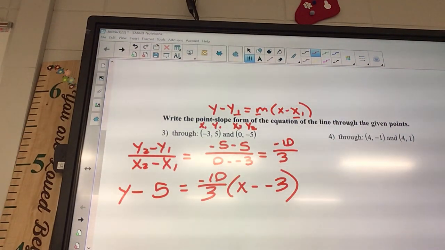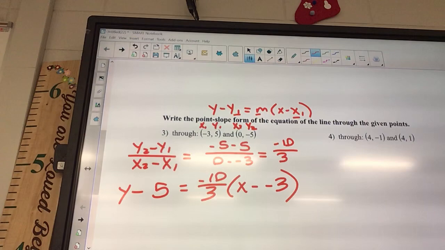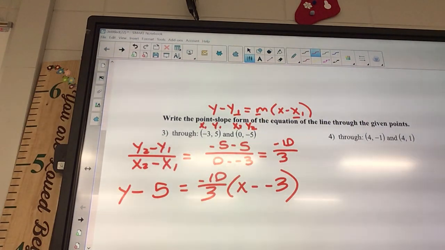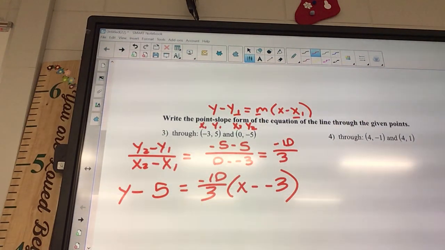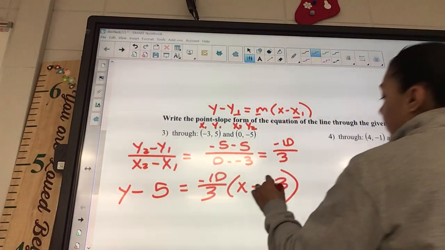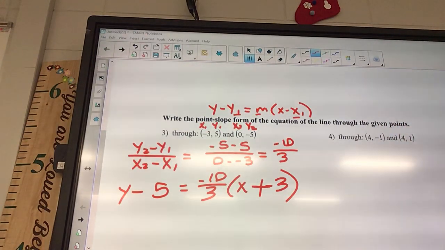Okay, are we finished or do we have to keep going? Okay, there's two negatives here, so we're going to make it a positive. Do I need to distribute and keep going or not? Why not?